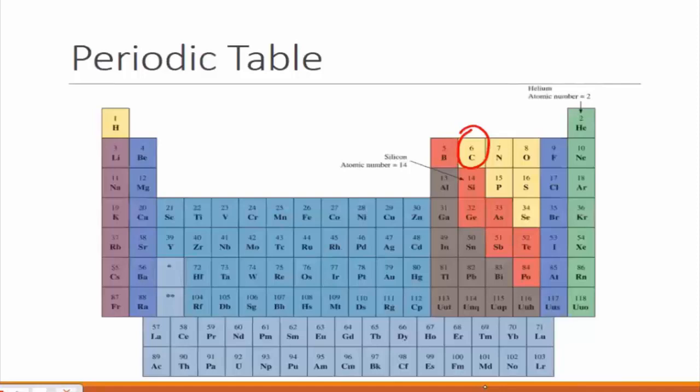If I take silicon, silicon has 14. That's not going to change. That means it has 14 electrons and 14 protons. Again, the net charge is 0. They cancel out each other. Hydrogen is right here, which has only 1 electron and 1 proton.